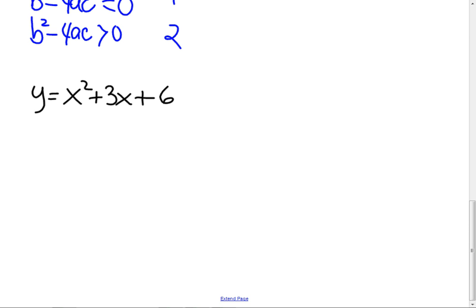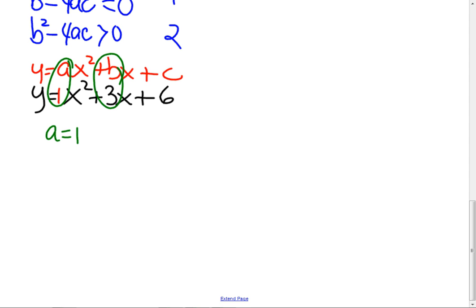First you want to find out what a, b, and c are. y equals ax squared plus bx plus c. And then we will put it together with the whole quadratic formula after we practice with the discriminant. So a is 1, b is 3, and c is 6.